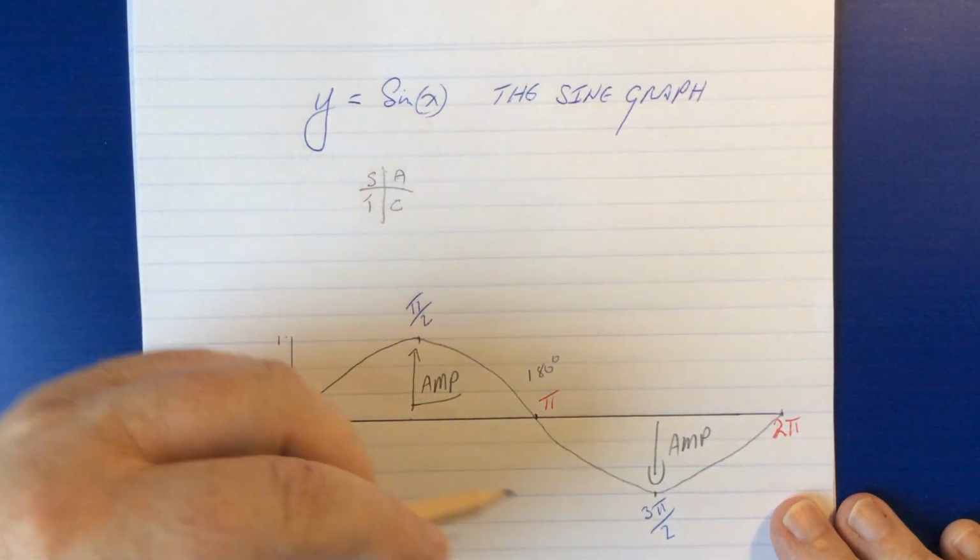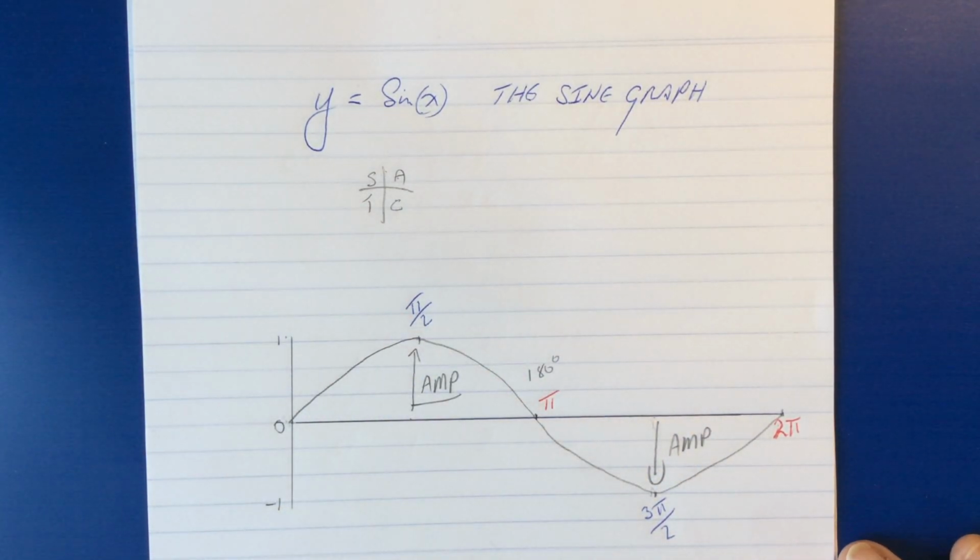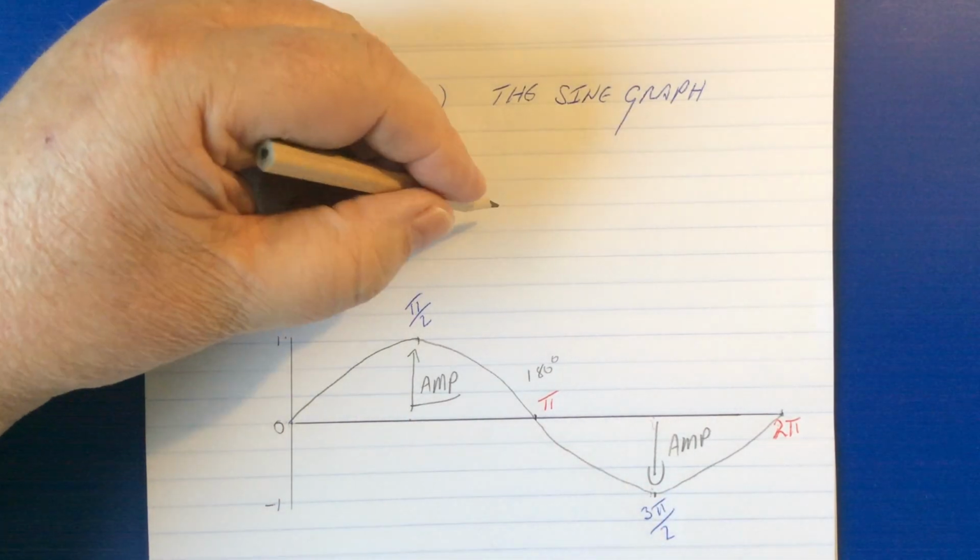It's 1 in this direction as well, because it has what the physicists call magnitude. It's a distance that's measurable. You won't find -1 on a measuring tape because measurements are positive. So the amplitude of this is 1.